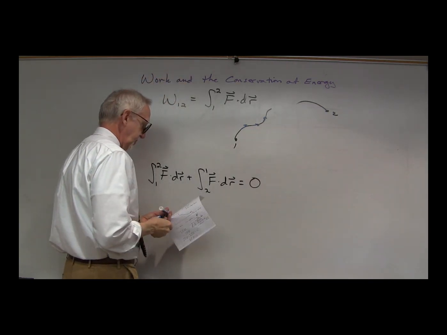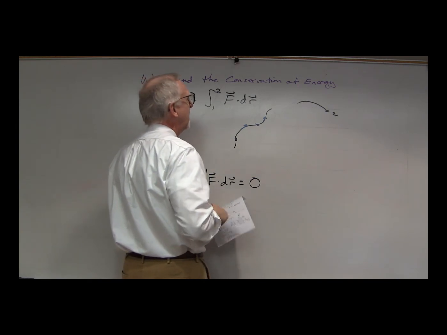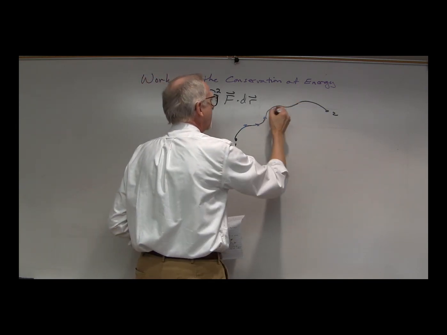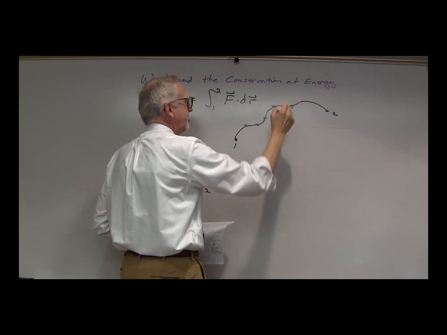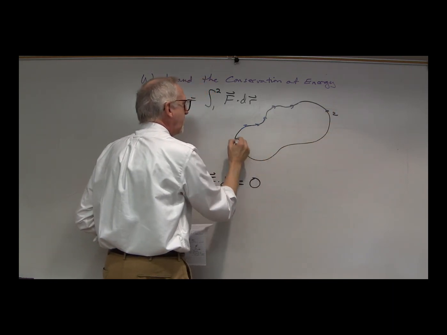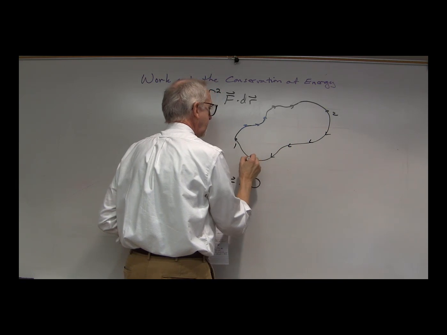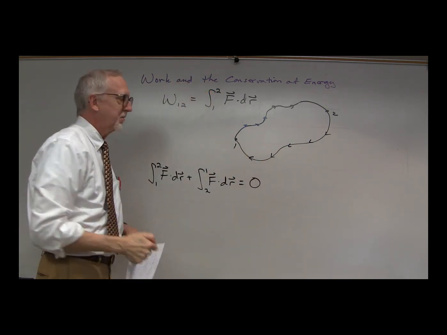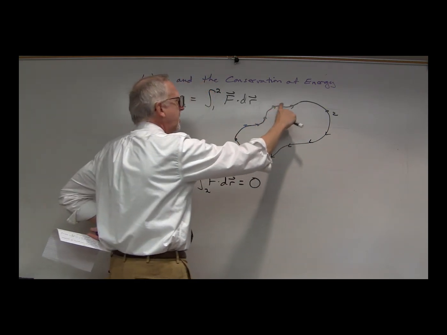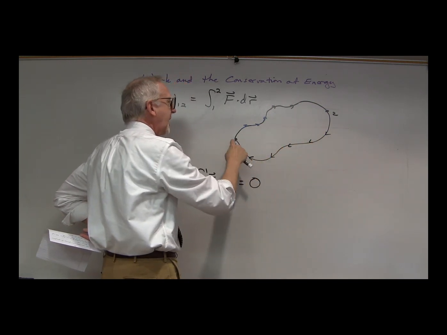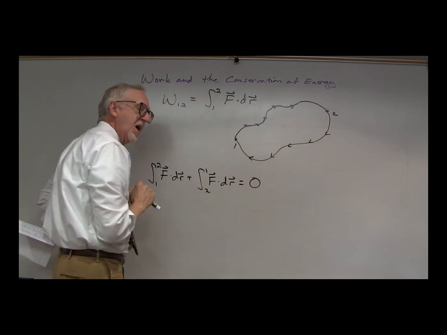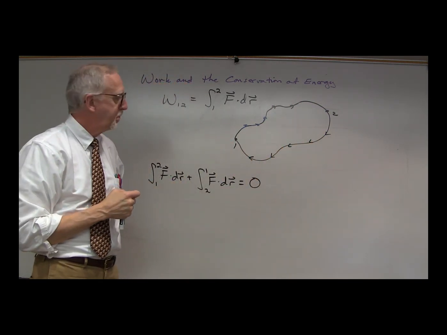Let me put the original directions back on there. Okay, we're going this way, from 1 to 2, but then we go from 2 to 1 along some other path. What is this telling us? That if we start at 1 and end up back at 1, we end up having done 0 work.